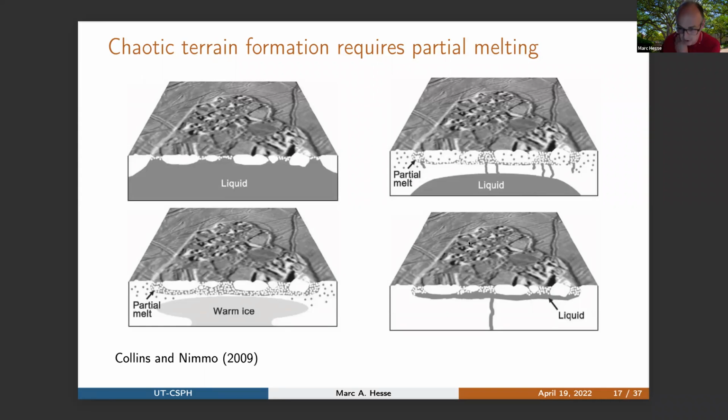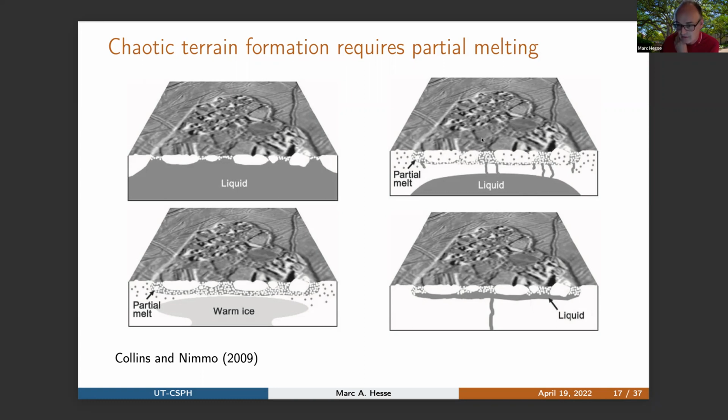But no matter what the model is, they always involve these white, gray dotted areas, right? And those are partially molten regions. So most authors that speculate about how these chaos terrains form invoke melting very near the surface.